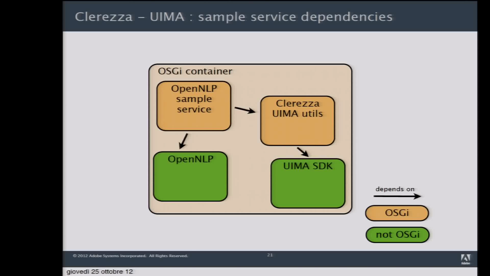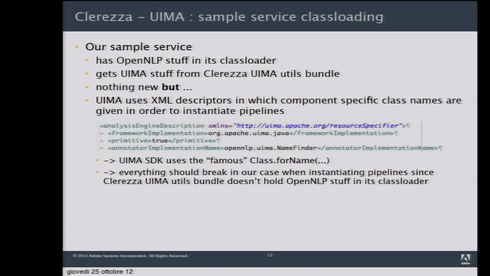These two are OSGi bundles. These two are not. So the sample service has the OpenNLP stuff in its class loader, and gets UIMA stuff from the Clerezza UIMA utils, that is the adaption layer. Nothing new.